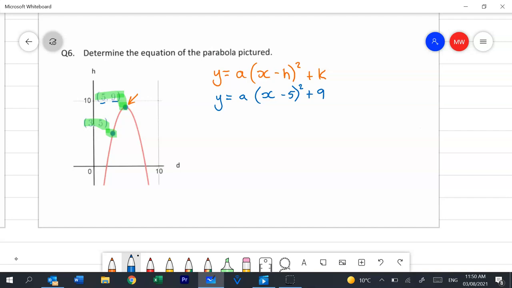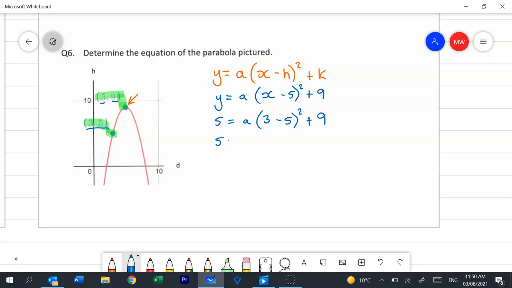Now we've got x's, y's, and a's that we don't know again, so we will steal this set of coordinates because it's a point on the line to get a y and an x value. So 5 equals a outside of (3 minus 5) all squared plus 9.